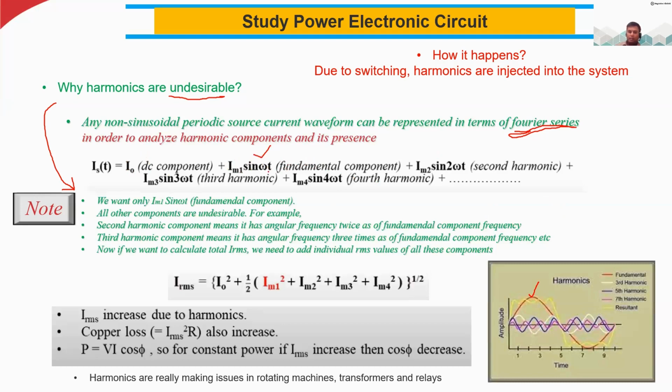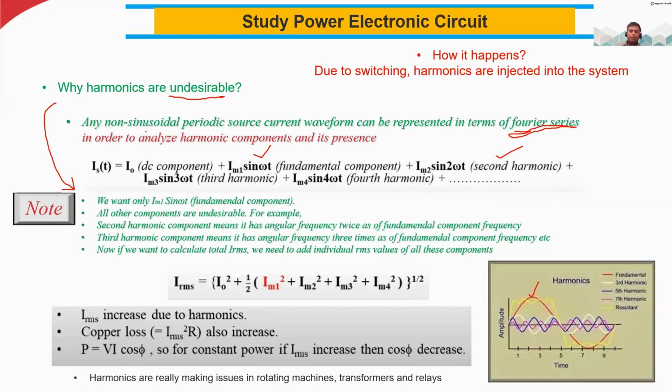Plus Im2 sin(2 omega t), the second harmonic, plus Im3 sin(3 omega t), plus Im4 sin(4 omega t), plus Im5 sin(5 omega t), and so on. These are the second order harmonic, third order harmonic, fourth order harmonic, and so on.